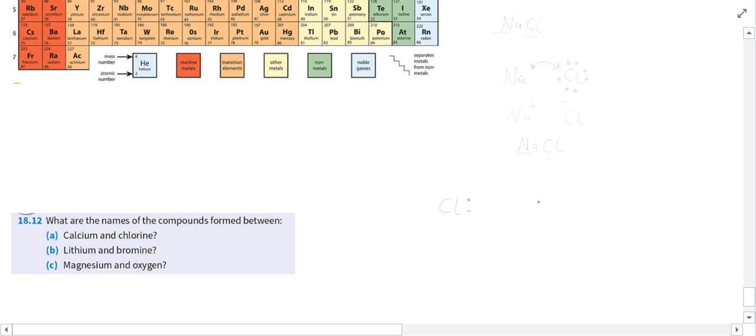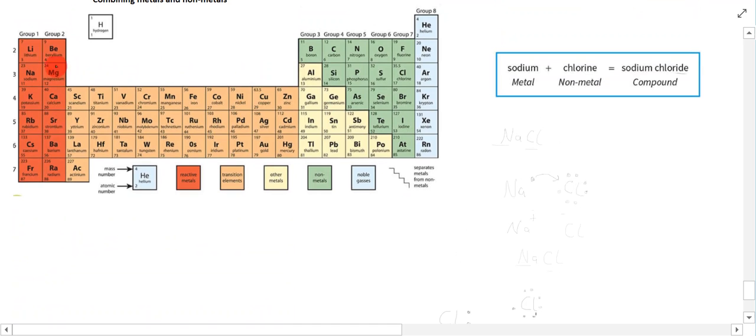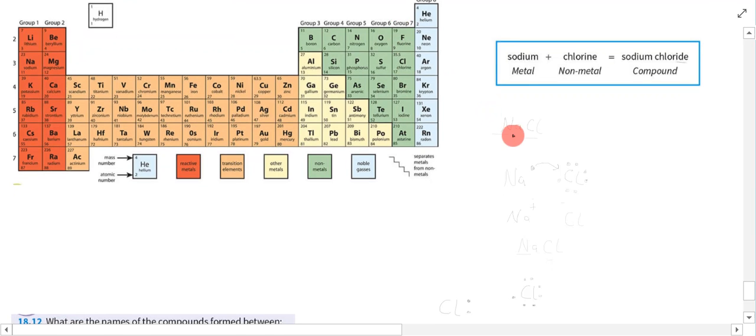And then chlorine is going to have 7 electrons in its outer shell: 1, 2, 3, 4, 5, 6, 7. So calcium is a group 2 element, so it has two electrons in its outer shell. Chlorine is a group 7 element, so therefore it's going to have 7 electrons in its outer shell.